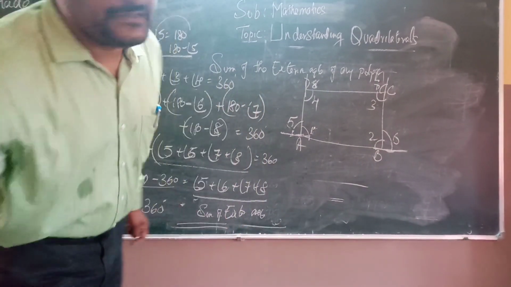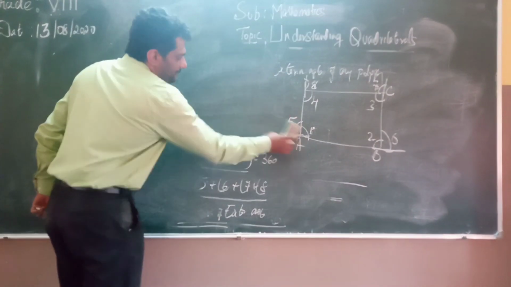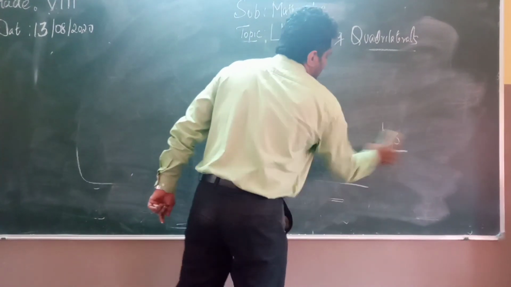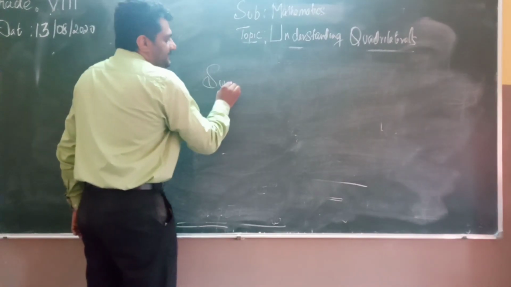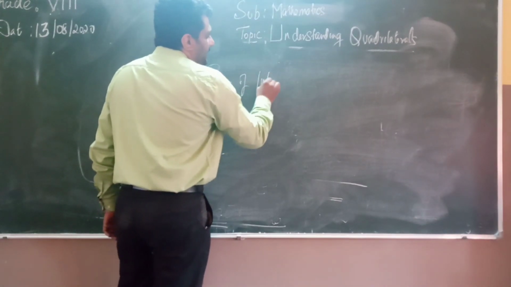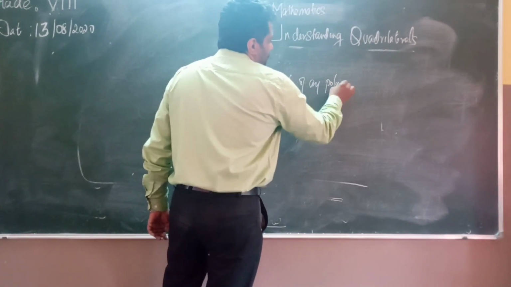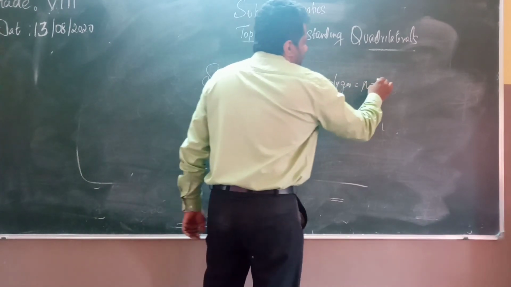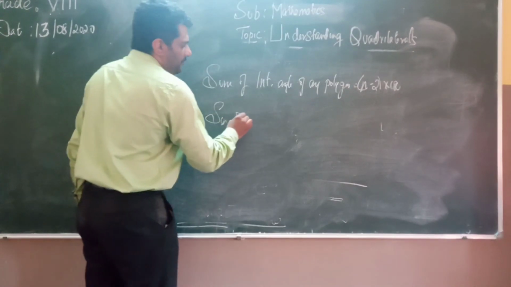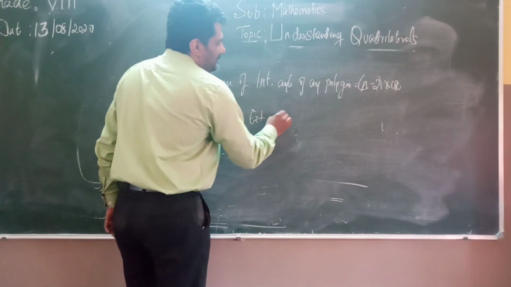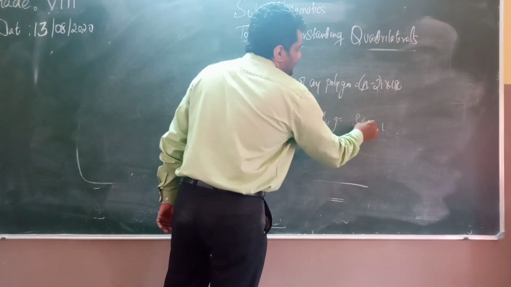And this is not only for the quadrilateral, it is for any polygon. So in this session, we learned two things. The first one is the sum of interior angles of any polygon is n minus 2 into 180 degrees. The sum of exterior angles of any polygon is 360 degrees.